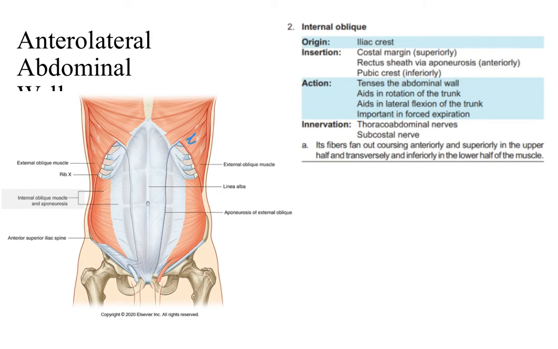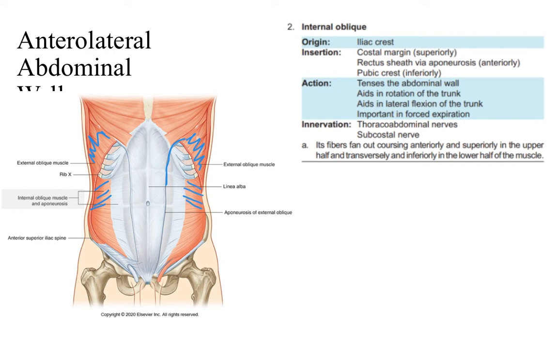Deep to the external oblique, and I'll just outline the external oblique in blue here. Deep to the external oblique, and of course you can see the aponeurosis of the external oblique that's cut away, we'll see underneath that the internal oblique muscles. Again, oblique meaning running in an oblique direction.